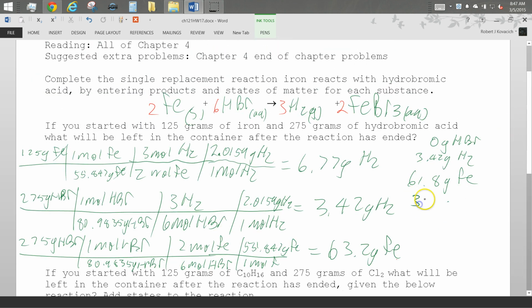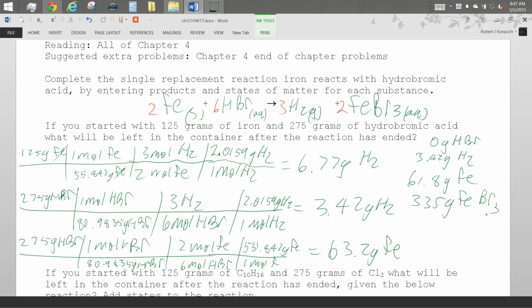You just subtract from the combination of grams of the iron and the hydrobromic acid. How much stuff went into the container? 400 grams went into the container, right? So if 400 grams went in, I have to have 400 grams when I'm done. None of it is HBr, only 3.42 grams is hydrogen, 61.8 grams is leftover iron, and so all of the rest of the 400 grams has to be the only thing we haven't calculated, which is our iron 3 bromide.